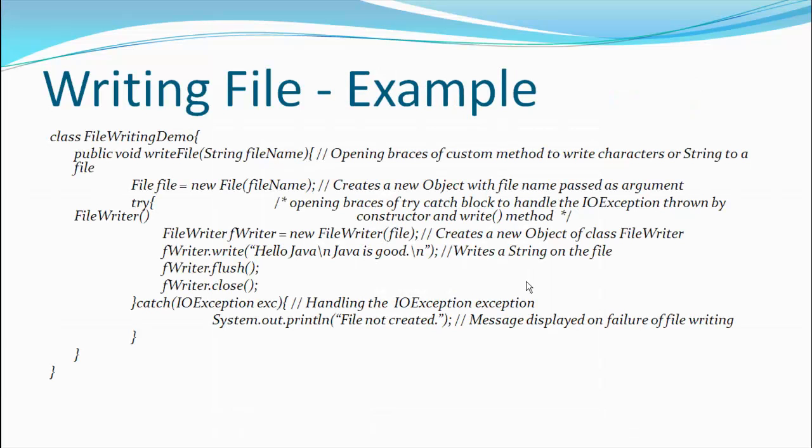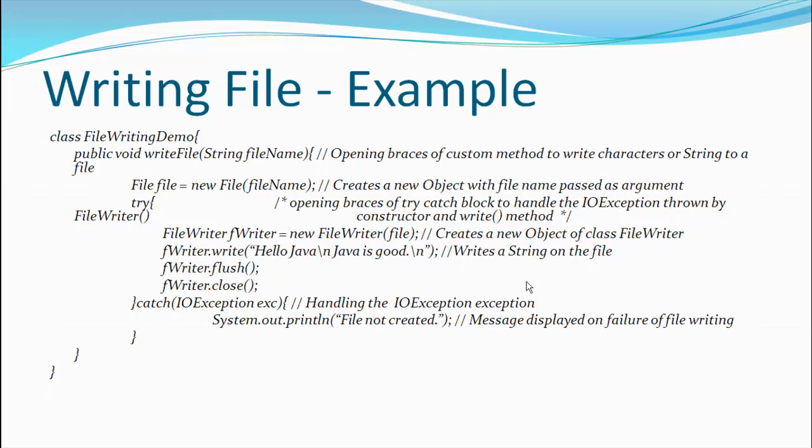Let's discuss an example for writing a file. As you see in the example, we have a class FileWritingDemo. Inside the class block, we have a method writeFile which takes a string fileName as an argument.